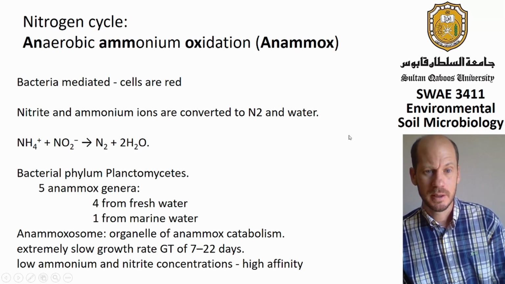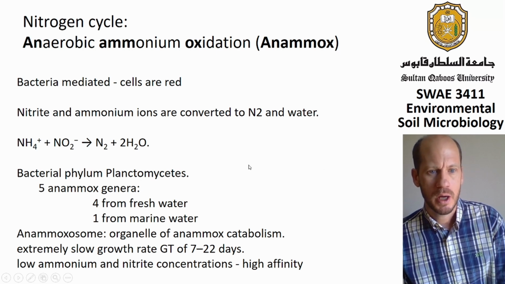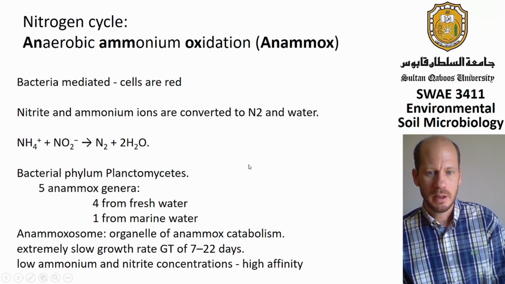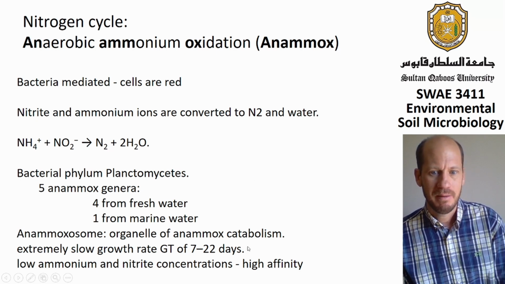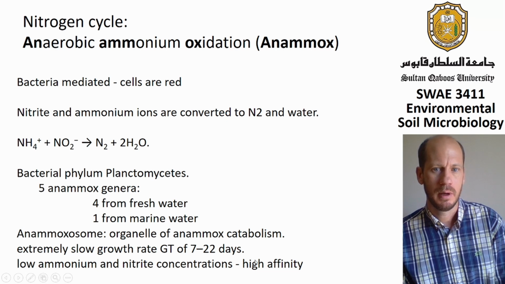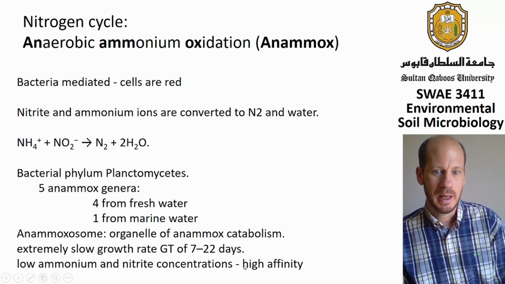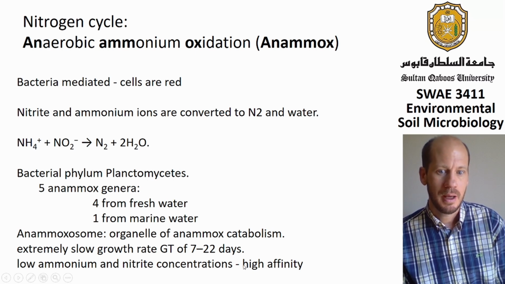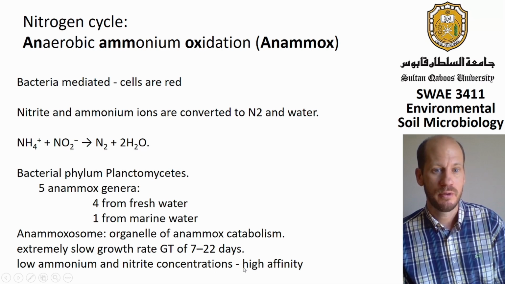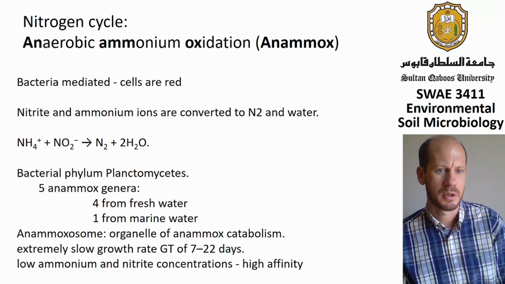But these microbes are highly important in the nitrogen cycle in water systems. And the reason they're highly important is because the enzymes they carry have very high affinity for the substrates ammonium and nitrite, which means that even in low concentrations of ammonium and nitrite, these microbes can be emitting atmospheric nitrogen into the environment because of the high affinity of their enzymes.